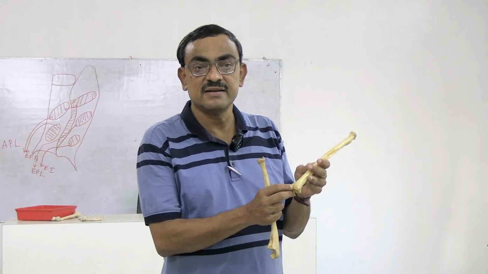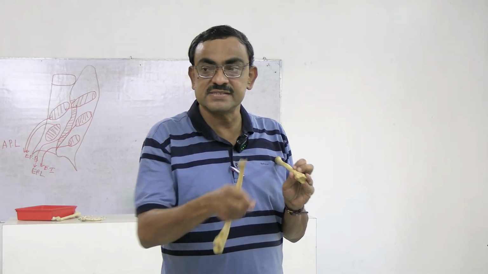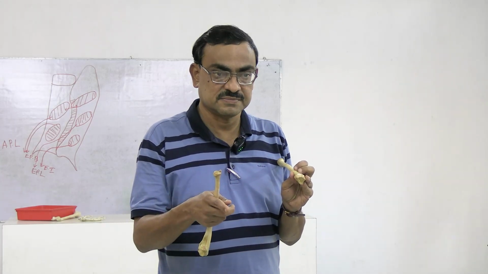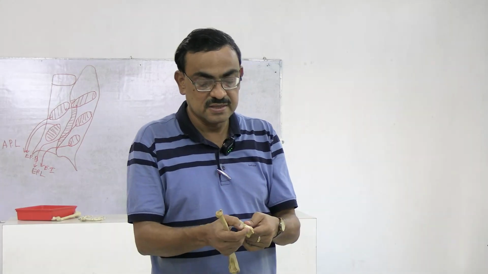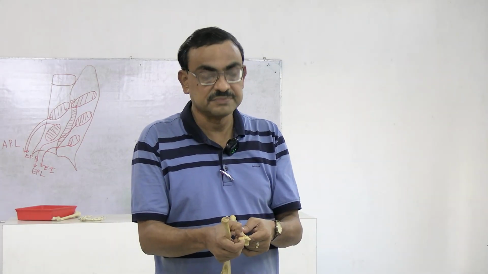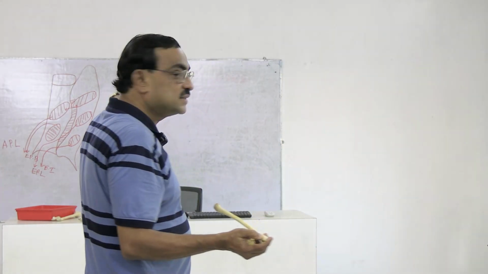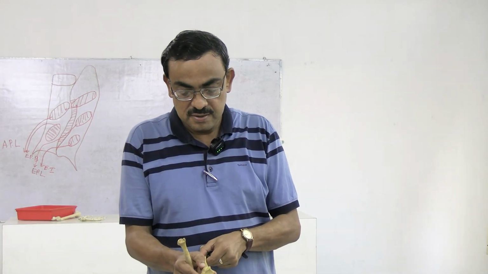From the lateral side, we get some extensor muscles: extensor carpi radialis longus and brevis, placed here. More laterally, abductor pollicis longus and extensor pollicis brevis.